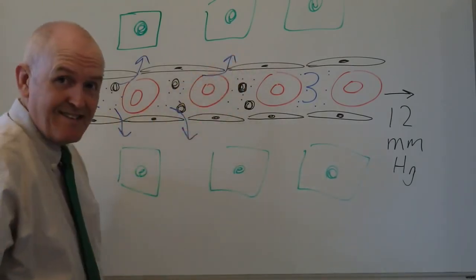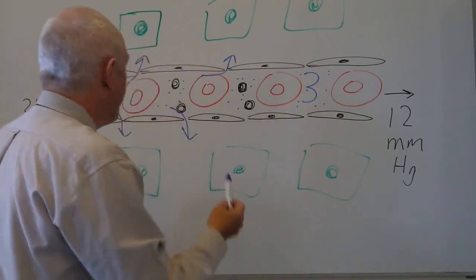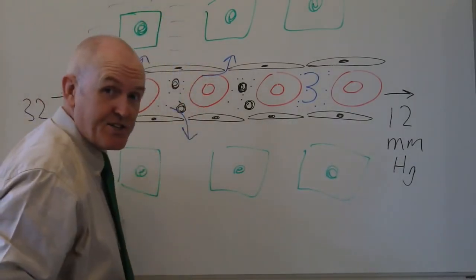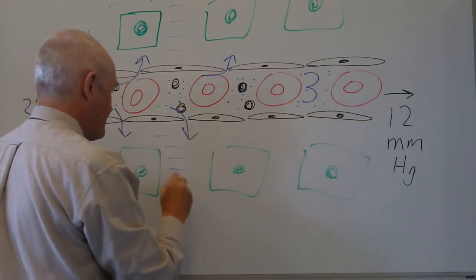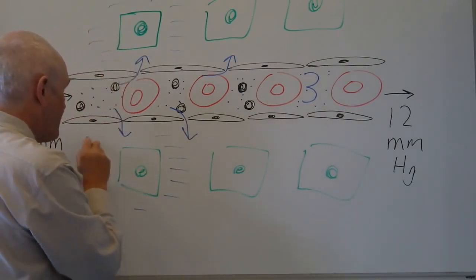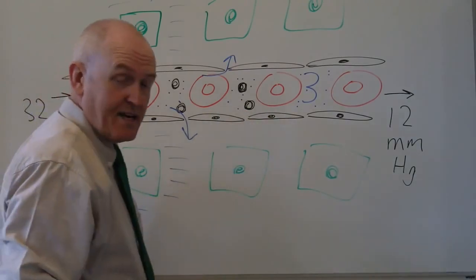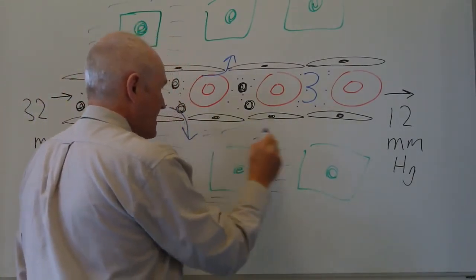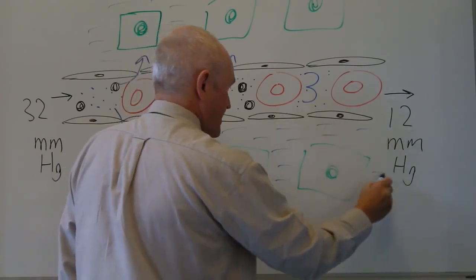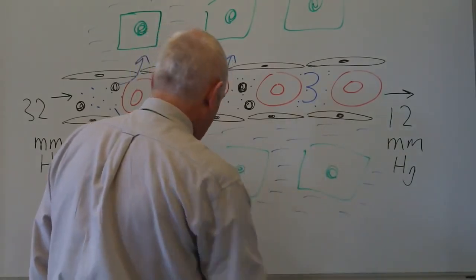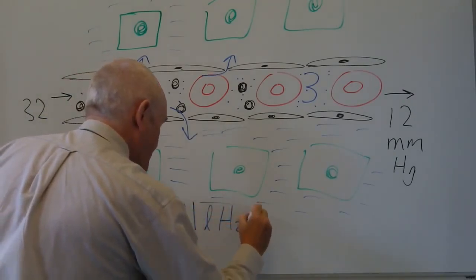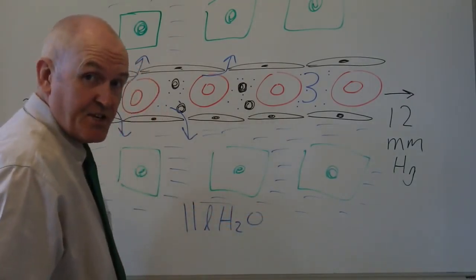And that's good because it's the water molecules that form the tissue fluid in the interstitial compartment. So here we see we have 3 litres of water in the intravascular compartment, and at any one time in this fit, lean young man, we're going to have about 11 litres of water in the interstitial compartment.